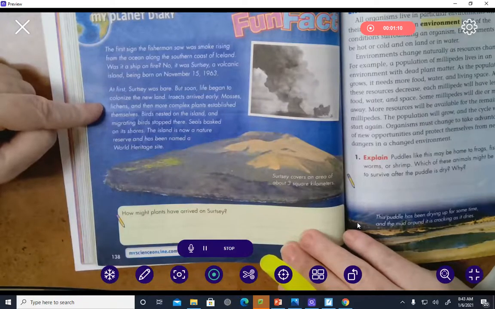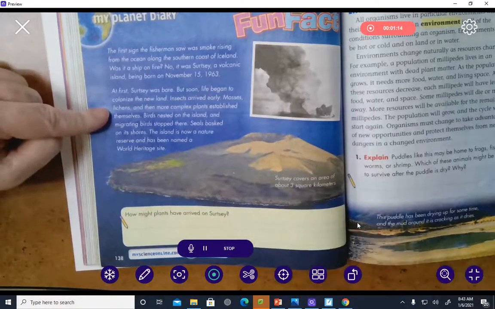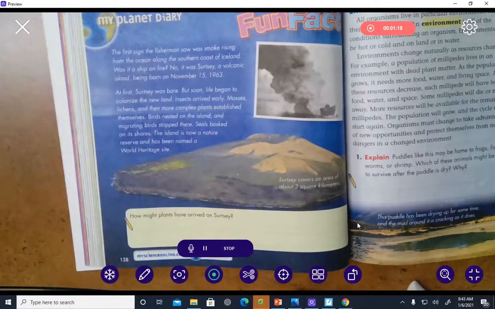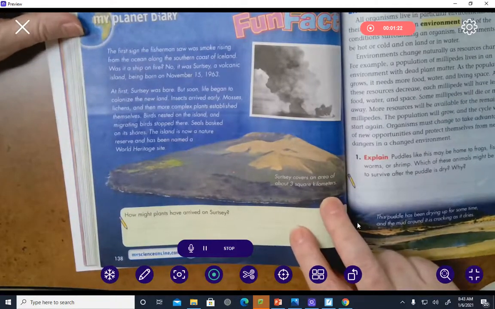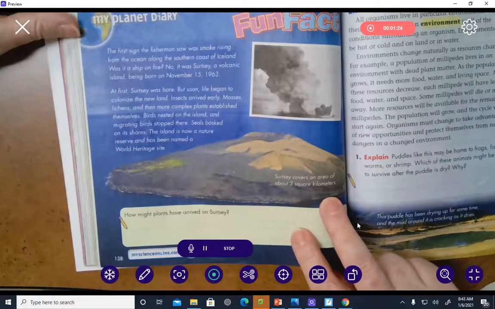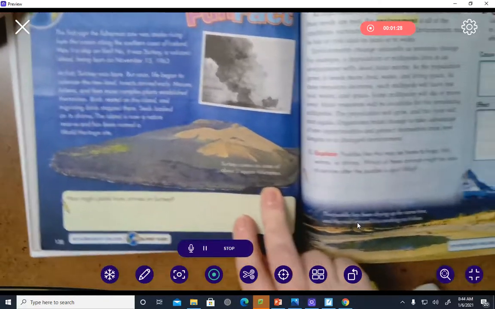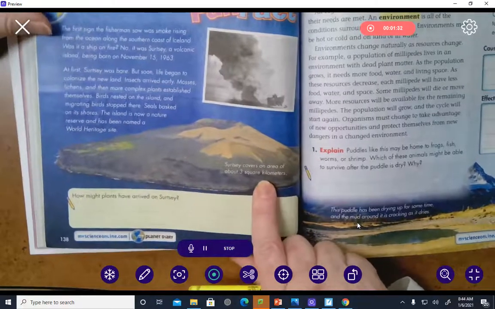Insects arrived early, then mosses, lichens, and more complex plants established themselves. Birds nested on the island, and migrating birds stopped there. Seals basked on its shores. The island is now a nature reserve and has been named a World Heritage Site. Surtsey covers an area of about 3 square kilometers.